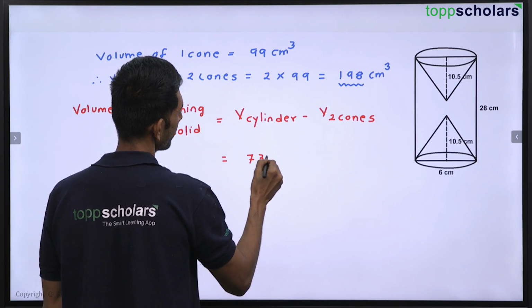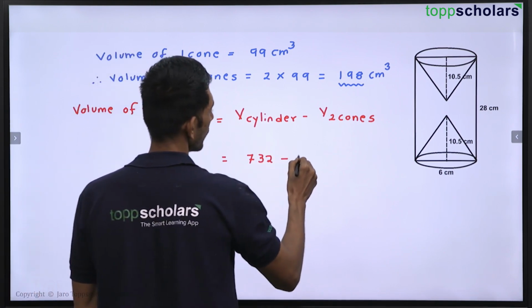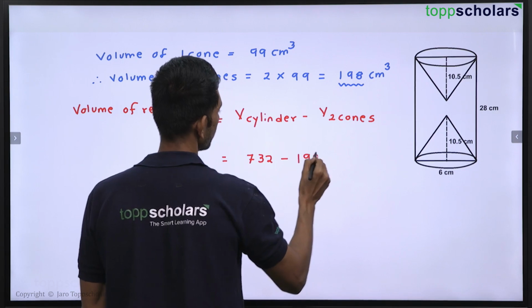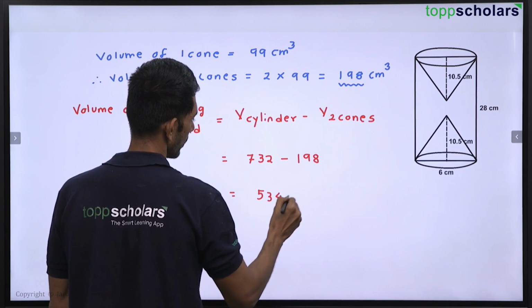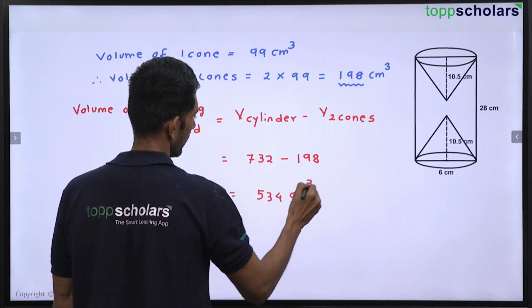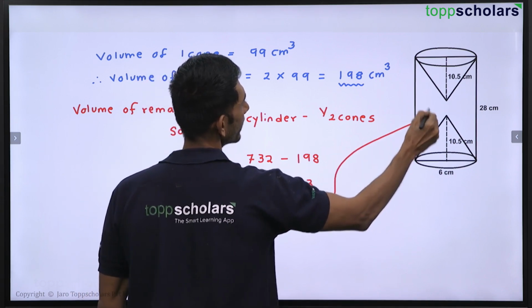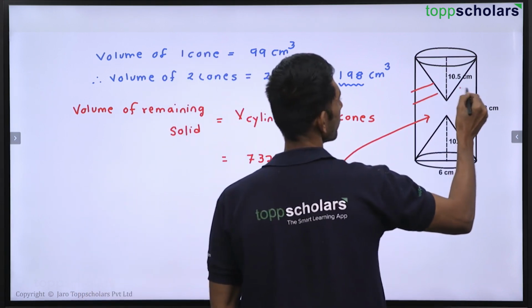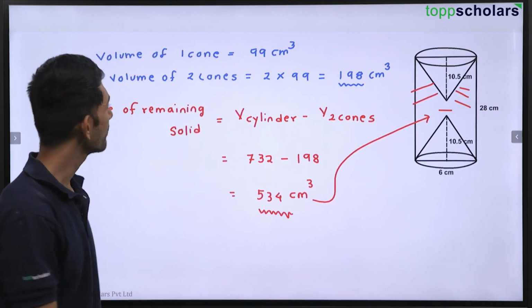That is 792 minus 198. So that is equal to 594 cubic centimeter, correct? So 594 cubic centimeter is the volume of this remaining part. I hope this question is clear to all of you. Very simple and easy question.